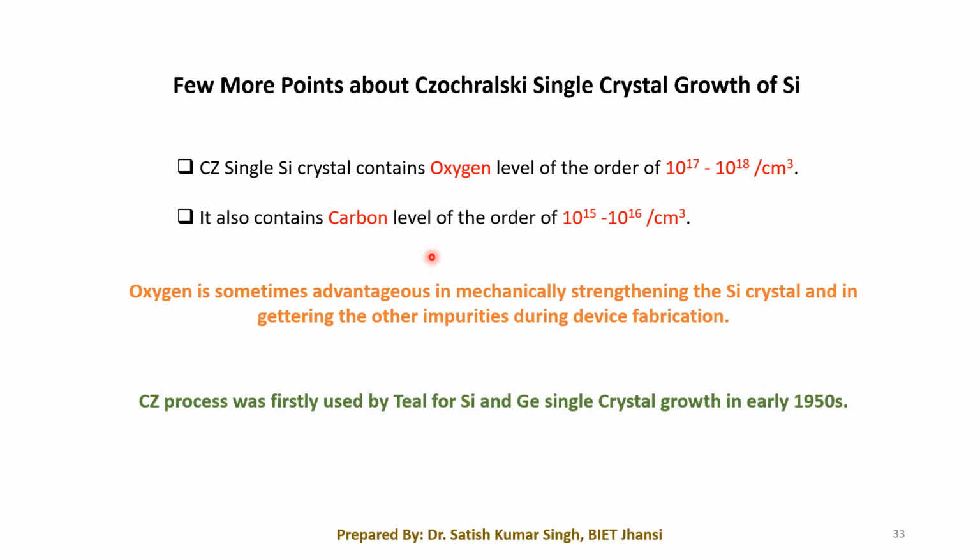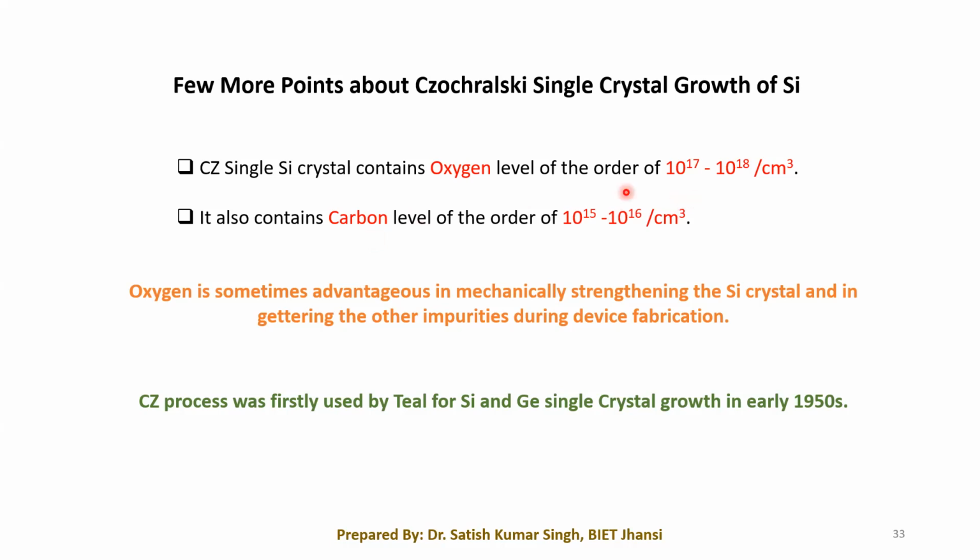Some of the oxygen will come from the SiO2, because it will dissolve into the molten silicon because of the temperature. And some carbon will also be incorporated, because we are using the graphite heater.